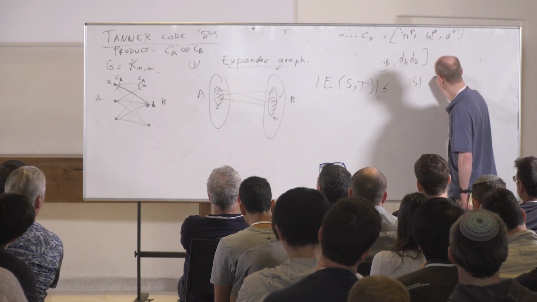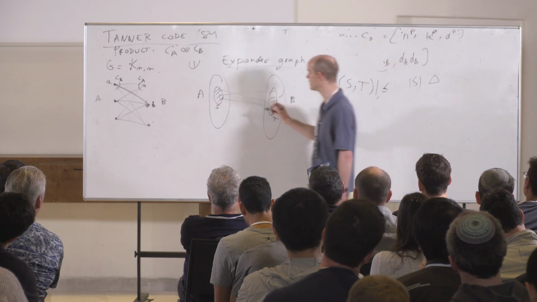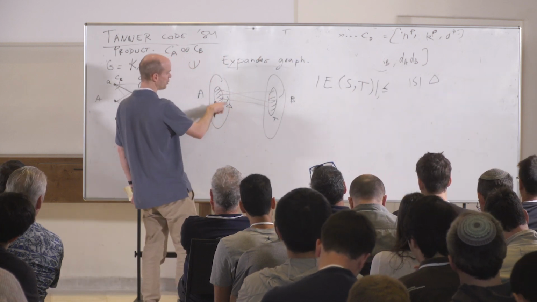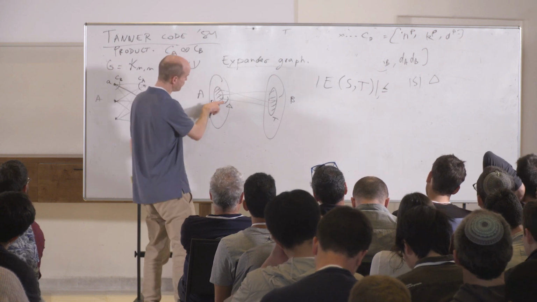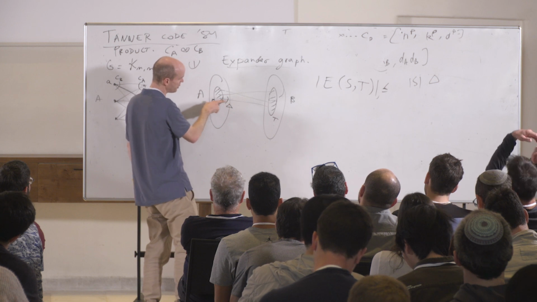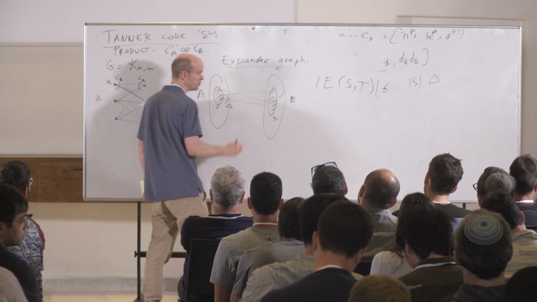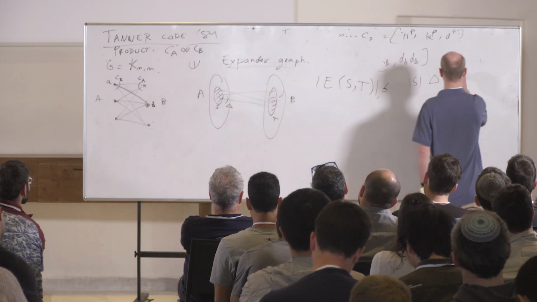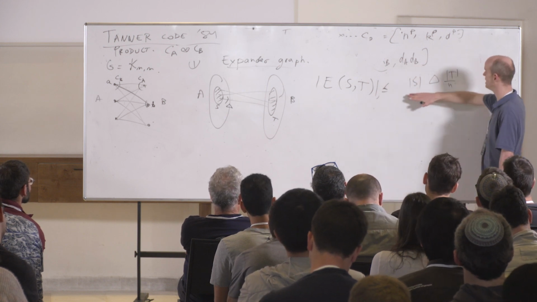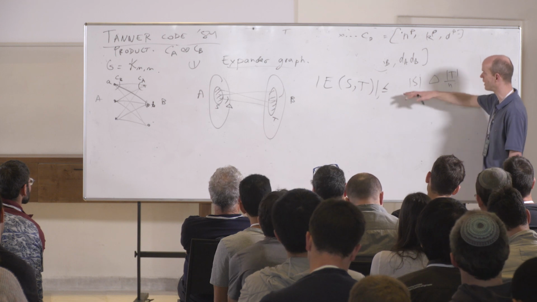You have delta edges, so I will take something which is delta regular: delta edges out of every vertex. And what is the probability that a random edge falls into T? Well, it's basically size of T over N. So that's the expected value of the number of edges.